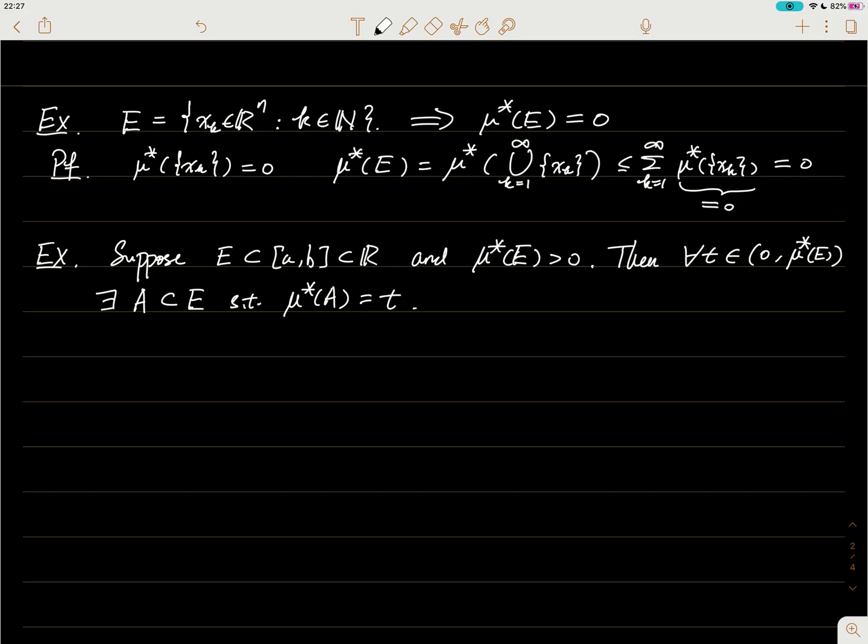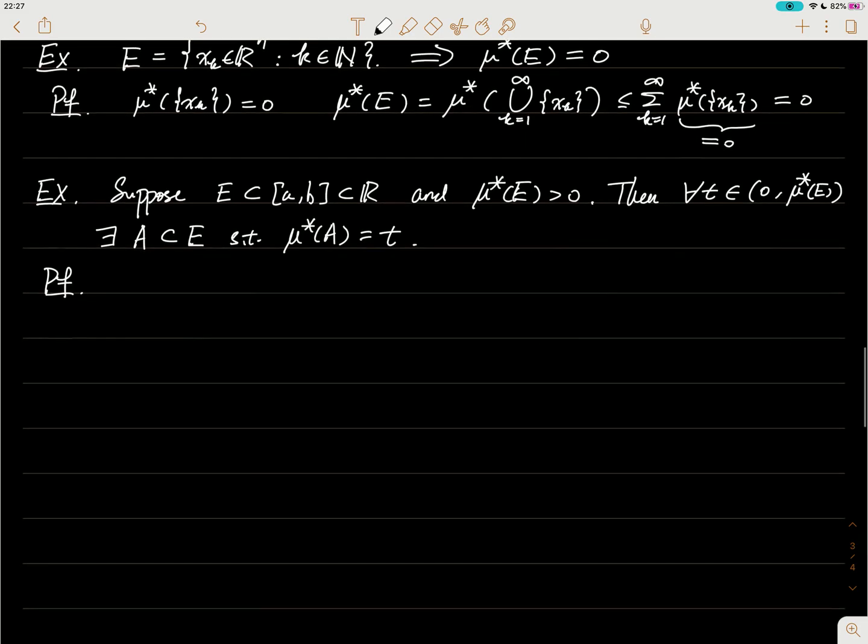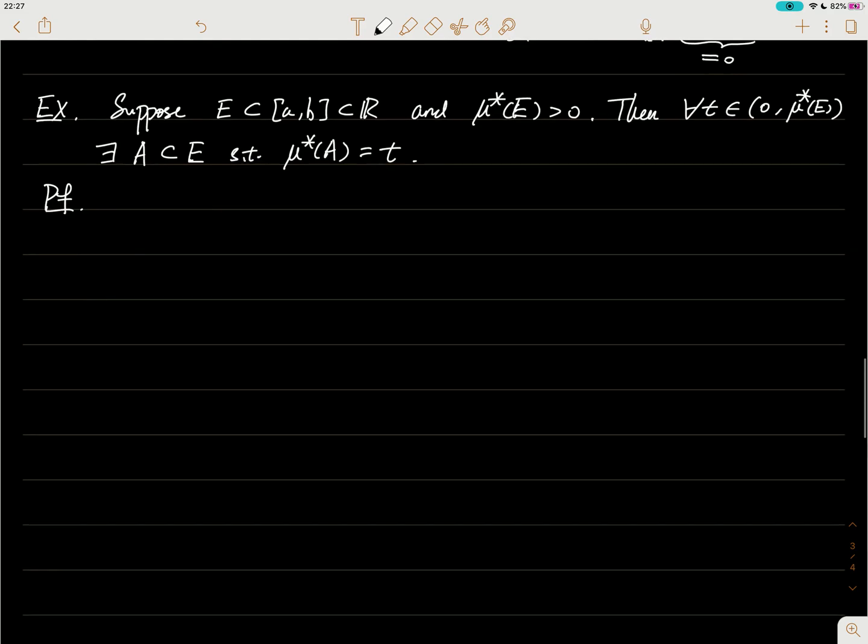Okay, so let me prove this. Let me draw the picture here. Say this is a, this is b, and E is living inside [a,b]. It's a collection of points inside [a,b].